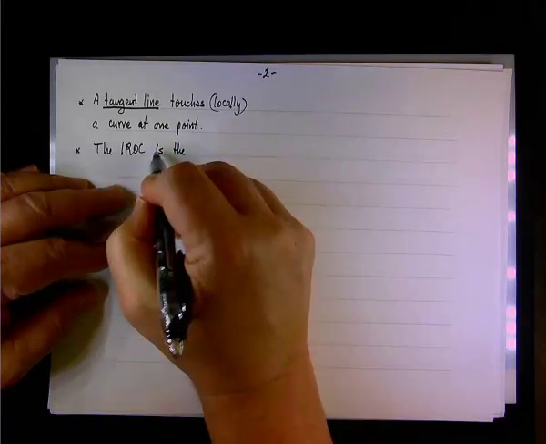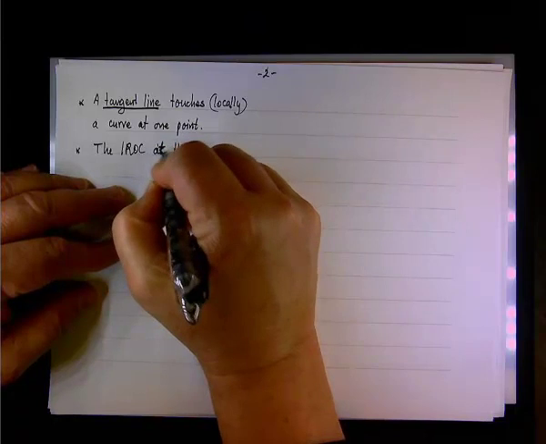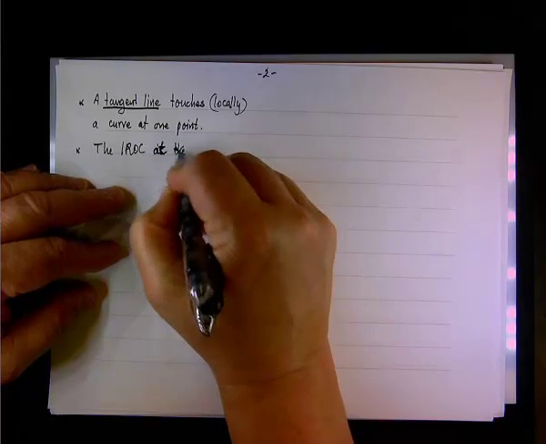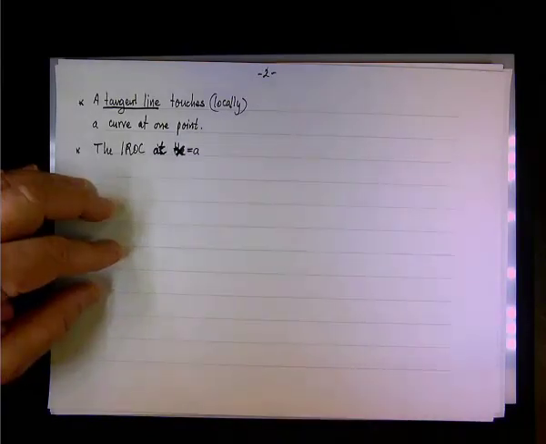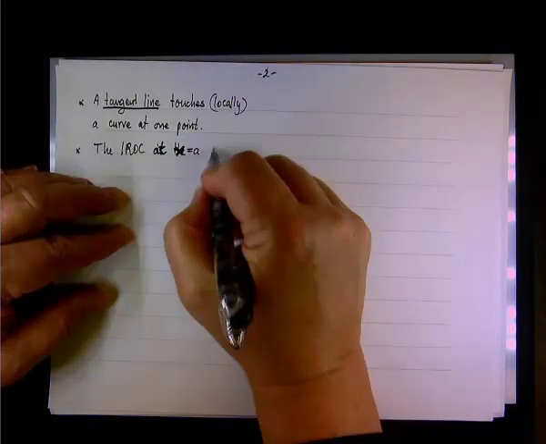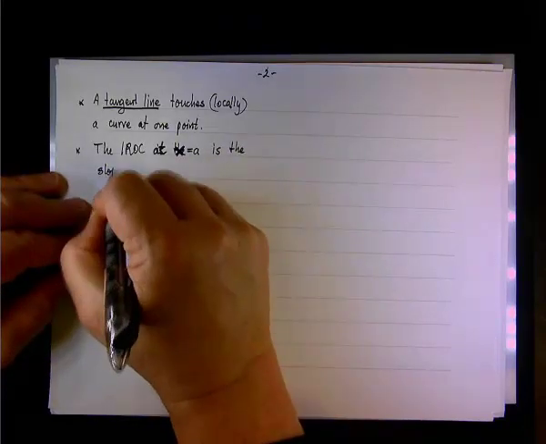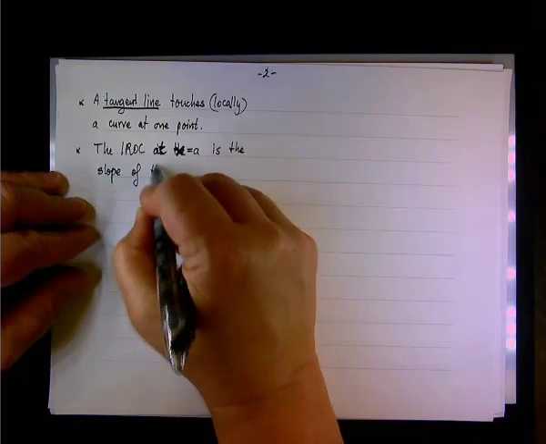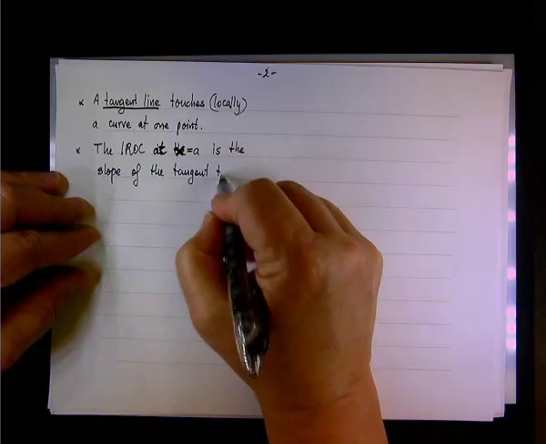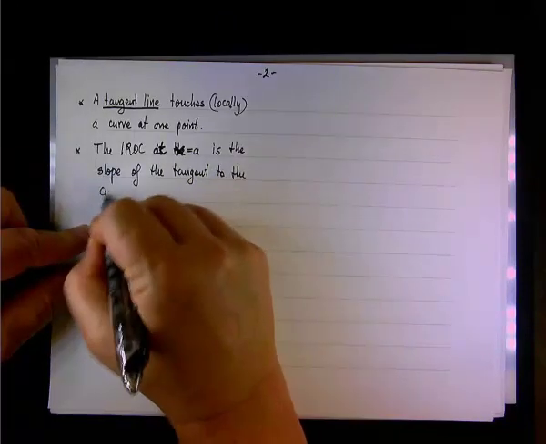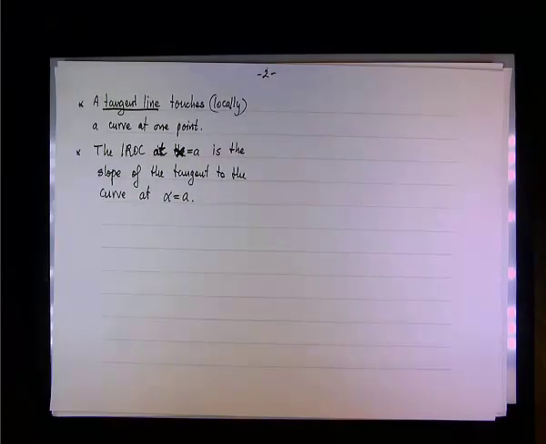So the AROC, I should say, at x equals a, like so, because we're talking about a tangent at a point, not in general, is the slope of the tangent to the curve at x equal a. Okay?